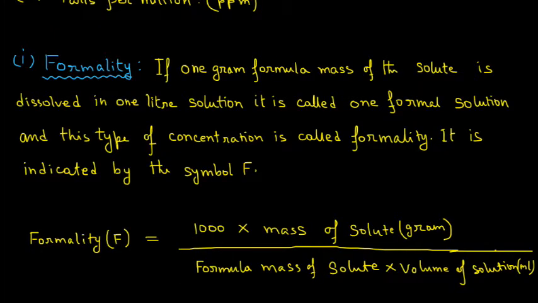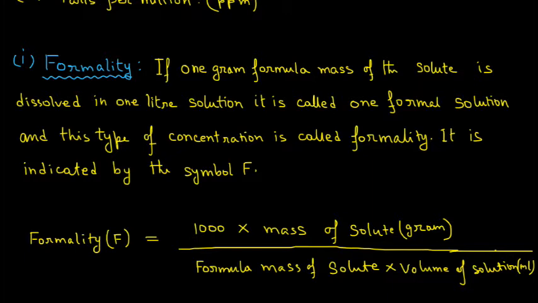So let us see about formality. If 1 gram formula mass of a solute is dissolved in 1 liter of solution, it is called a formal solution. And this type of concentration is called formality.